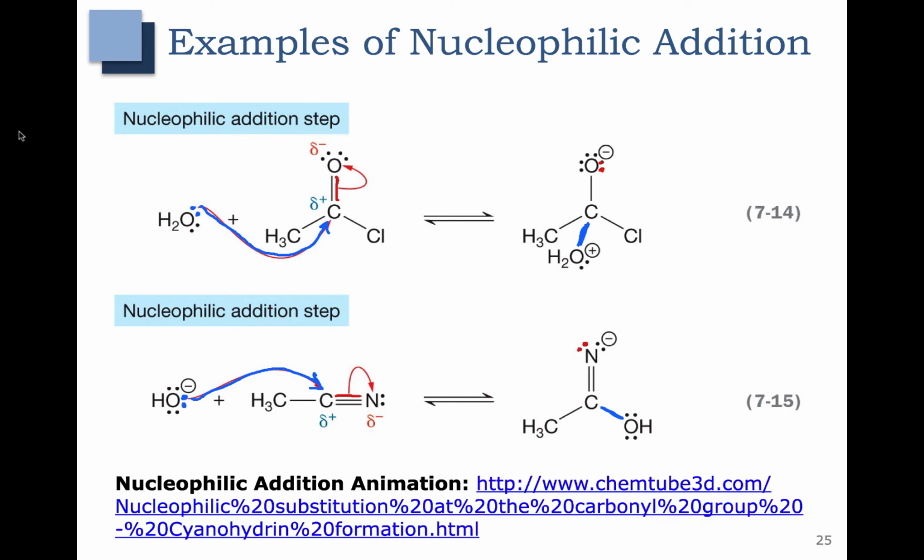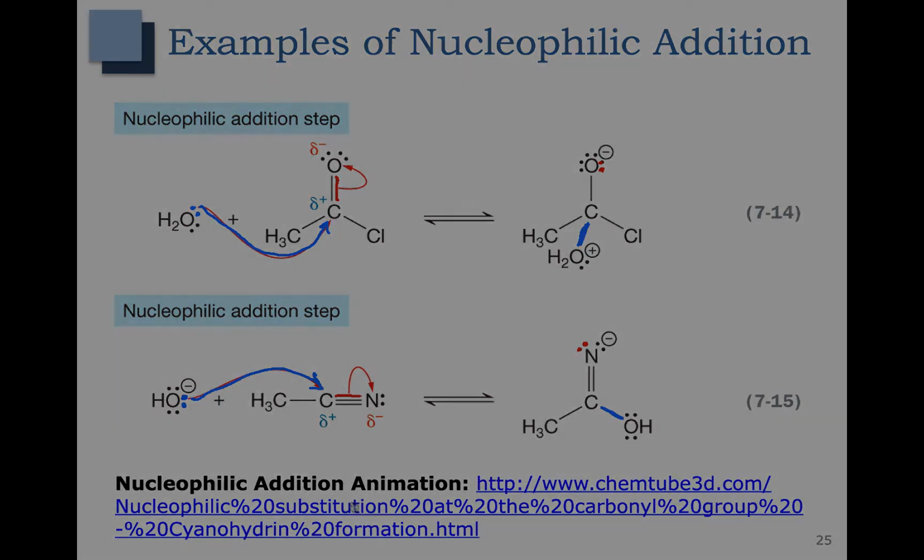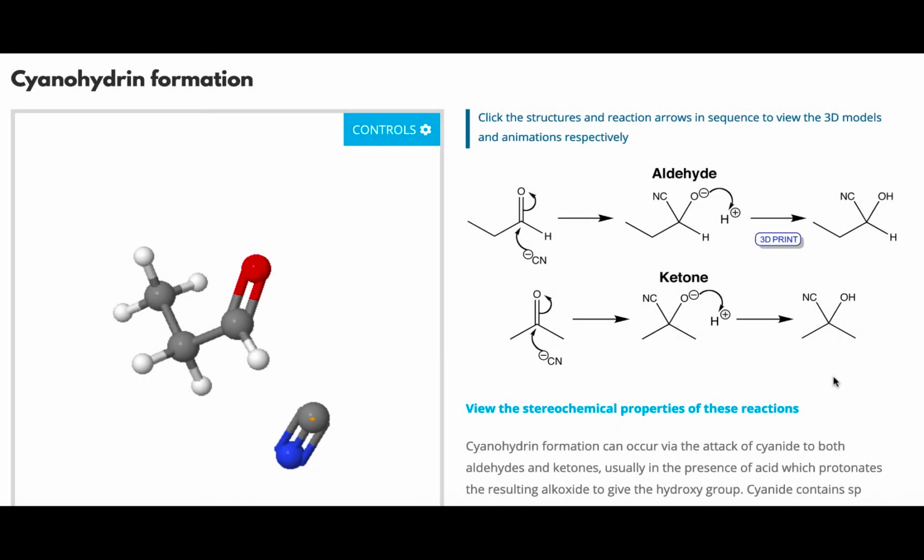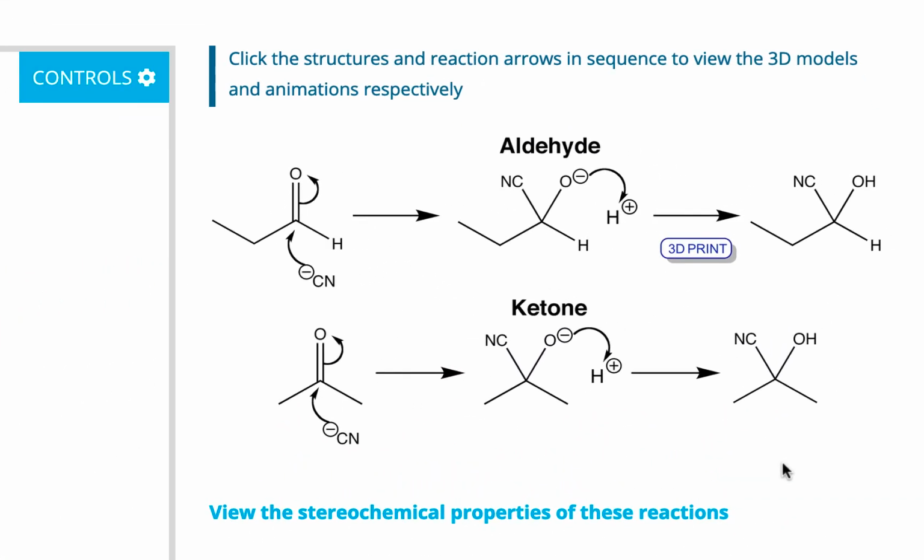We also have an animation to look at. We have two examples in this animation. Here we're going to look at cyanide, CN-, and keep in mind there's a lone pair on that nitrogen. The blue electrons here are going to form a carbon-carbon bond in blue.